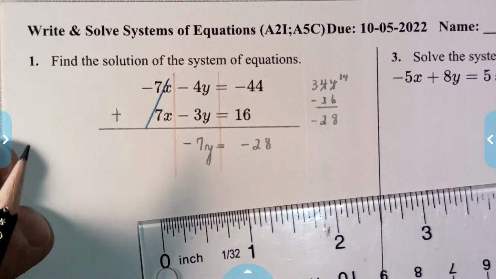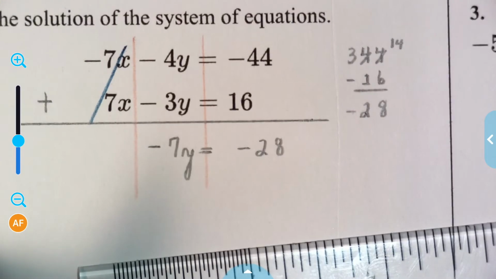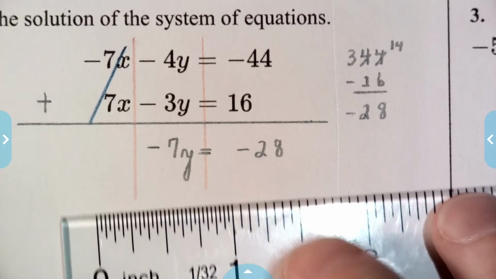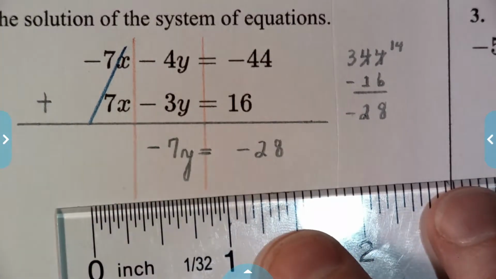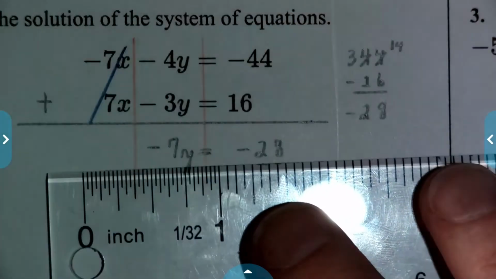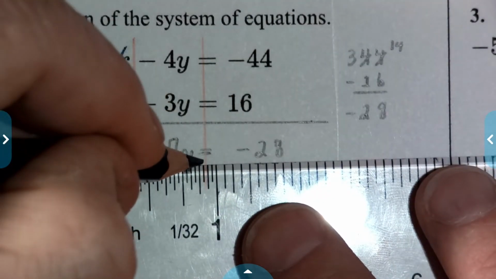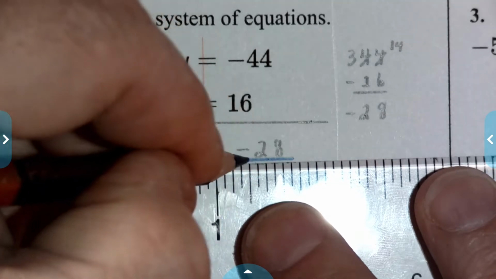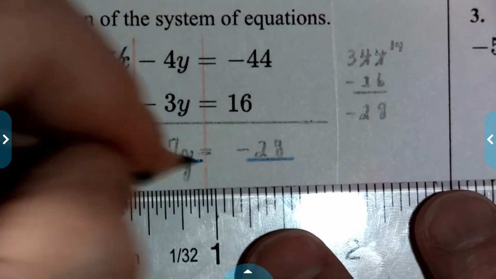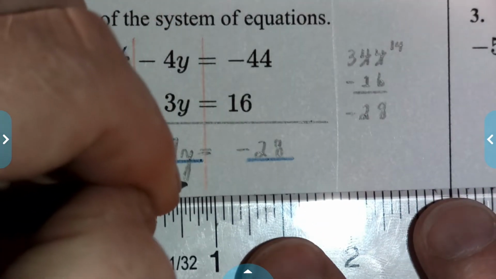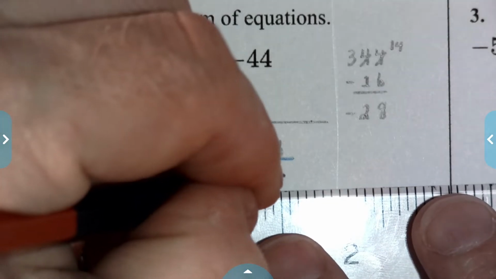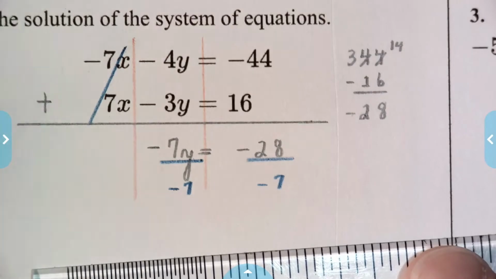So now, let me zoom in a little bit here. Now, all I need to do is get rid of the negative 7. So what I'll do is divide both the left and the right side by negative 7. Why would I do that?